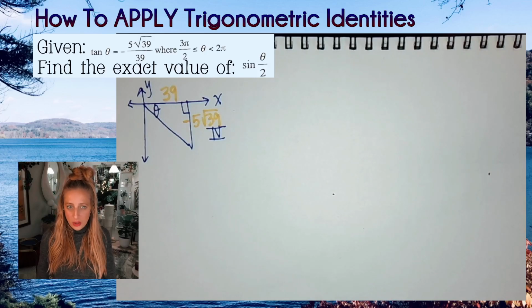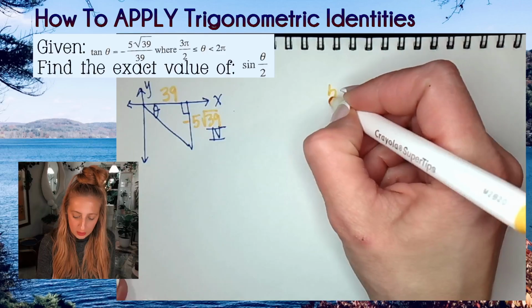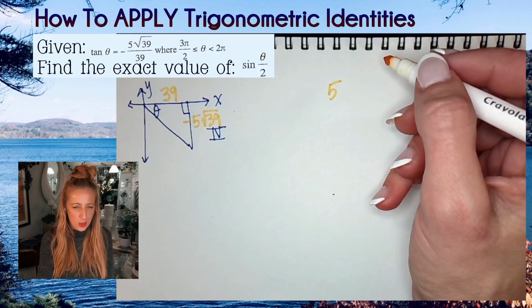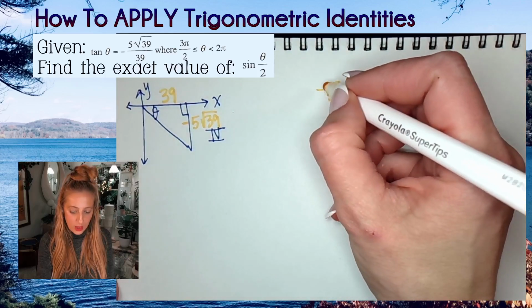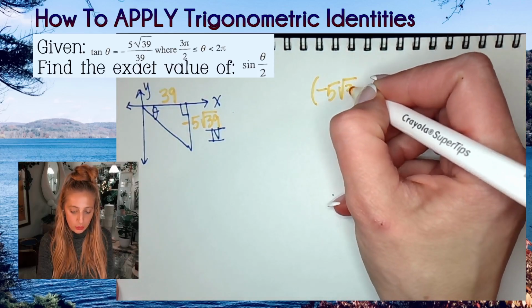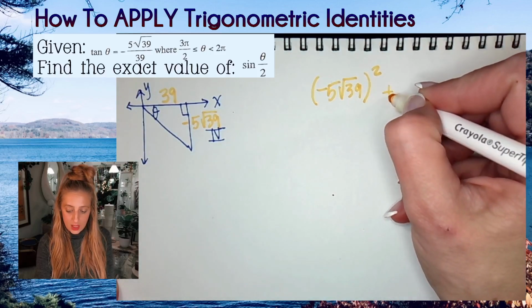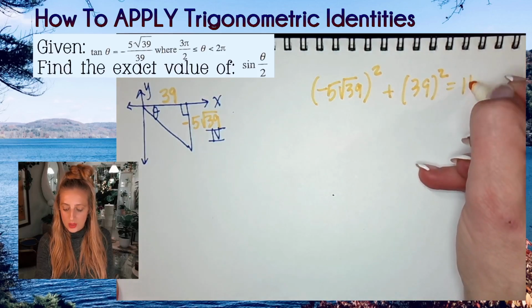To do Pythagorean theorem on these numbers right here is going to be annoying, so I have a lovely trick for us. If I do Pythagorean theorem, you could straight up ignore the negatives, because there's a lot of people that keep squaring with negative numbers and getting a negative number. If you are squaring negative 5 root 39, that leg squared looks like this, plus other leg squared looks like this, equals hypotenuse squared.